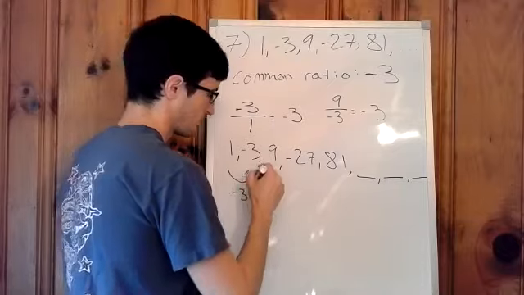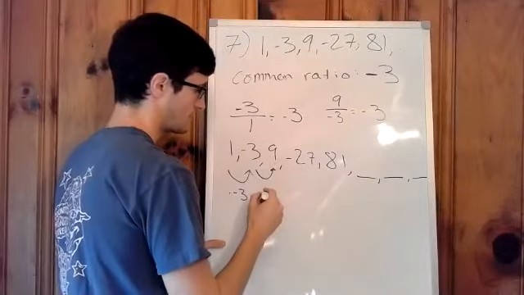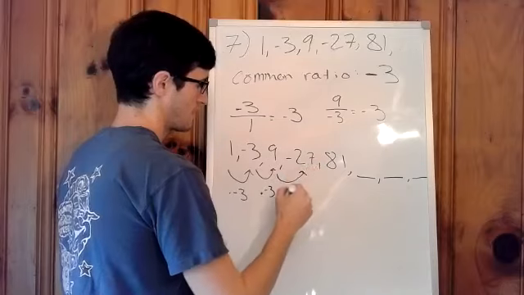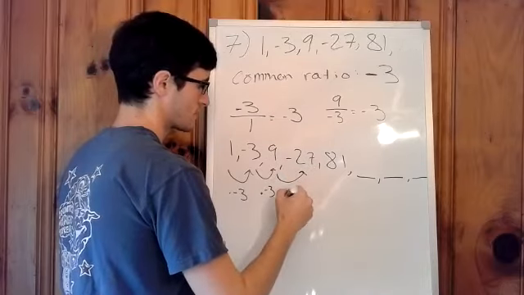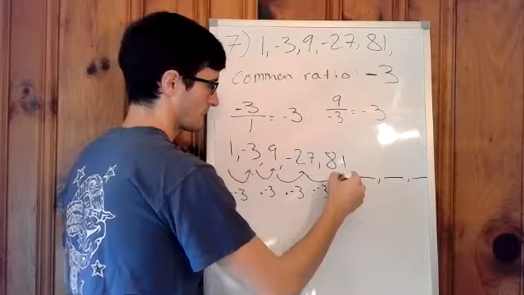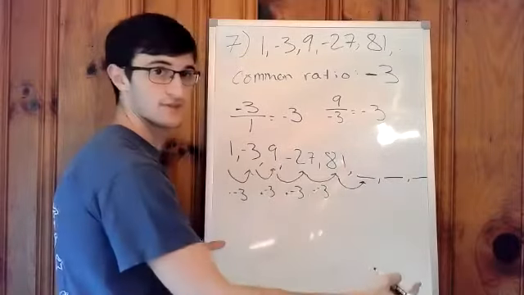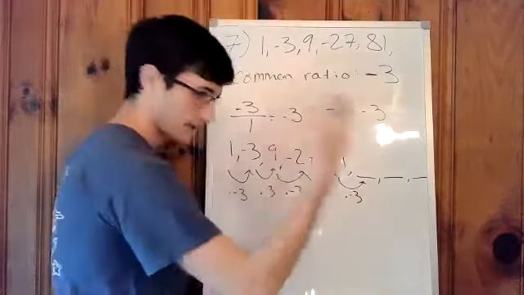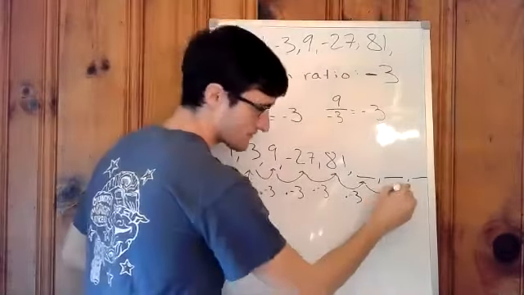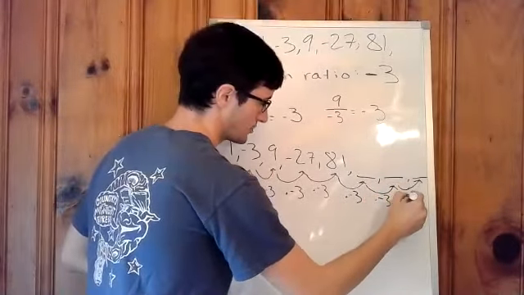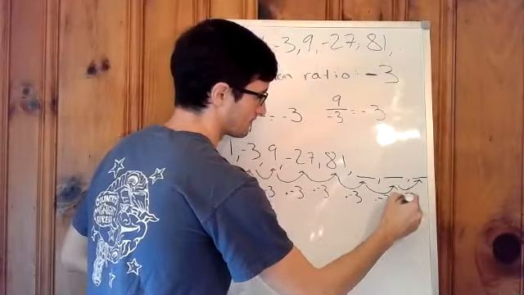If I went from 3 to -9, I multiply by -3. That multiply by -3 is the same exact pattern. So to get this next number, I would multiply by -3 and follow that pattern. Whatever that number is, I can go ahead and fill this in because I know I'm multiplying by -3.